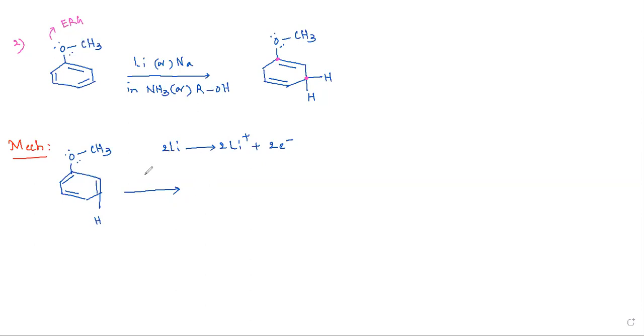Now here the attack is at meta because the releasing group releases or donates electrons to ortho and para positions, so they are with maximum electron density. The one that has no electron density, electron deficiency, is meta. So is the attack at meta.